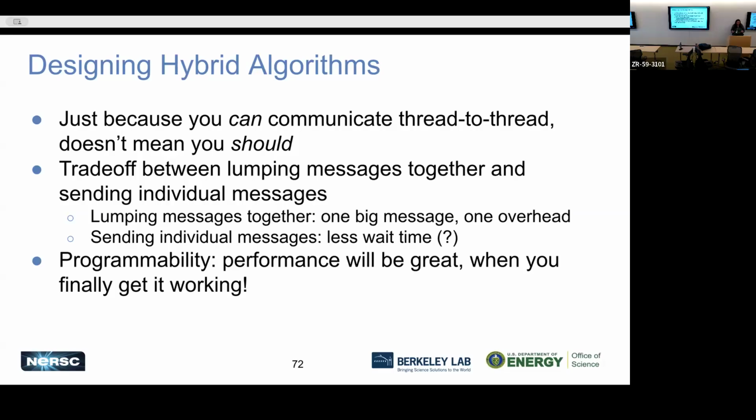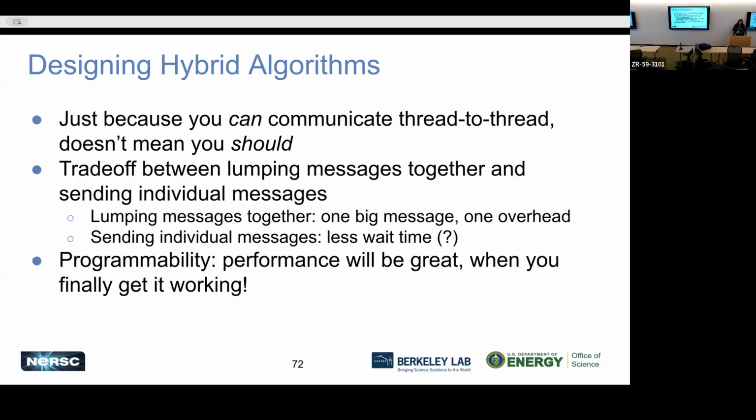However, there could be an advantage in that there could be less wait time. If I have a bunch of stuff I need to send over and I have to wait for you to bring your stuff over so that we can send it together, then I'm waiting for a while when I could be computing instead. So there could be some advantage to sending individual messages. It just depends on how you're going to do it.